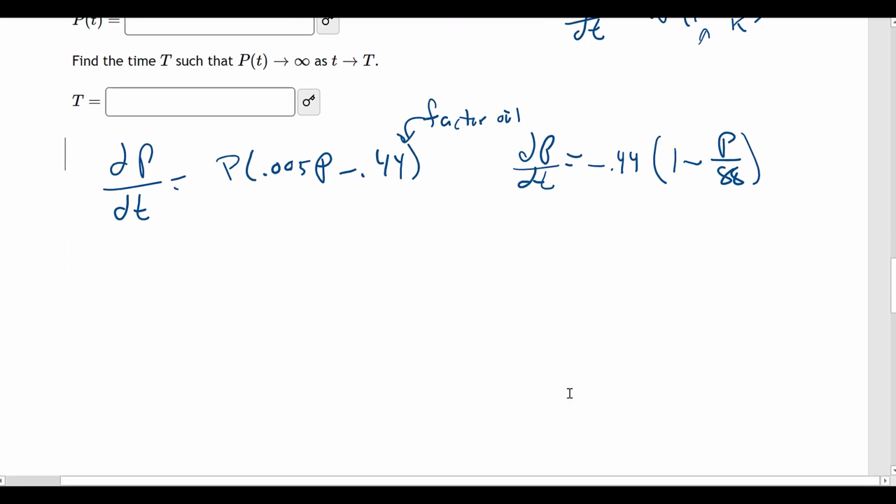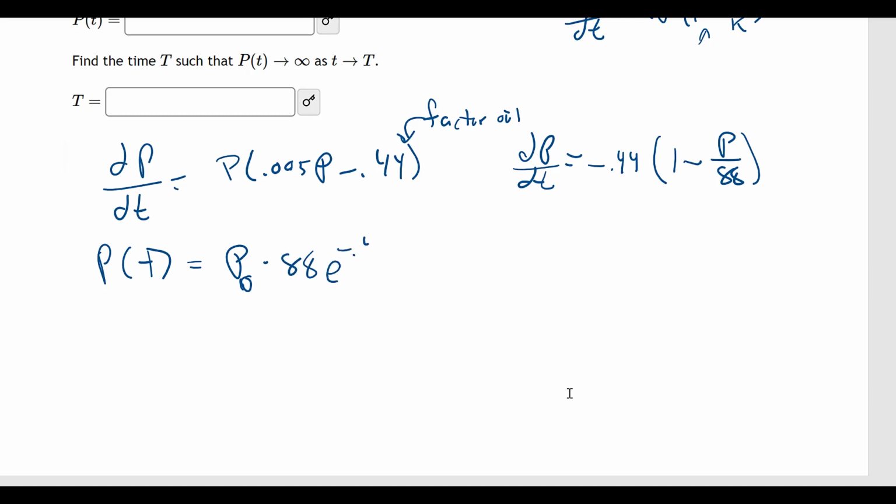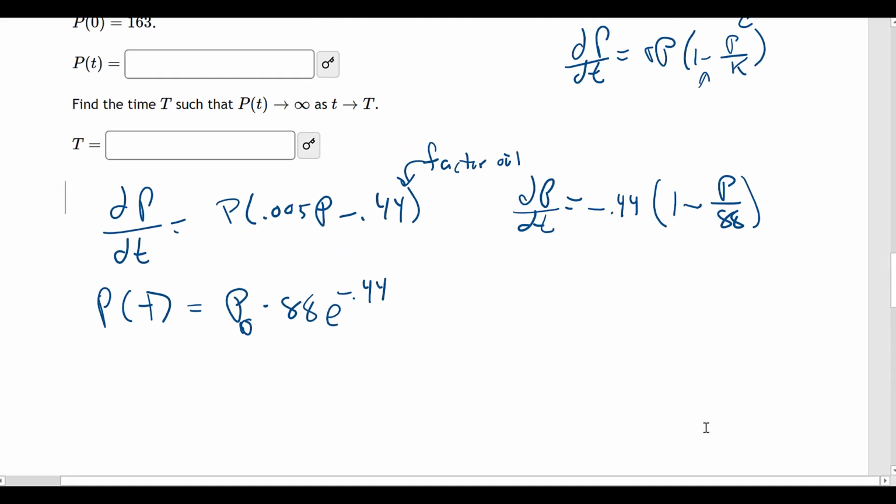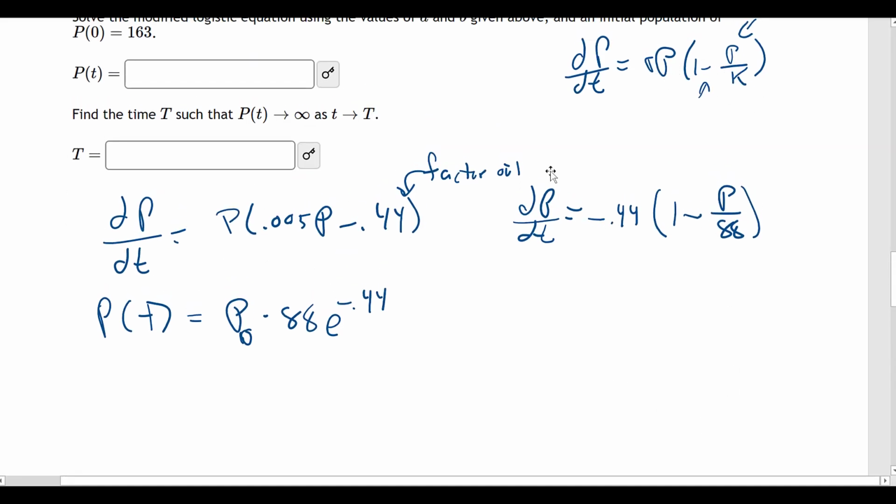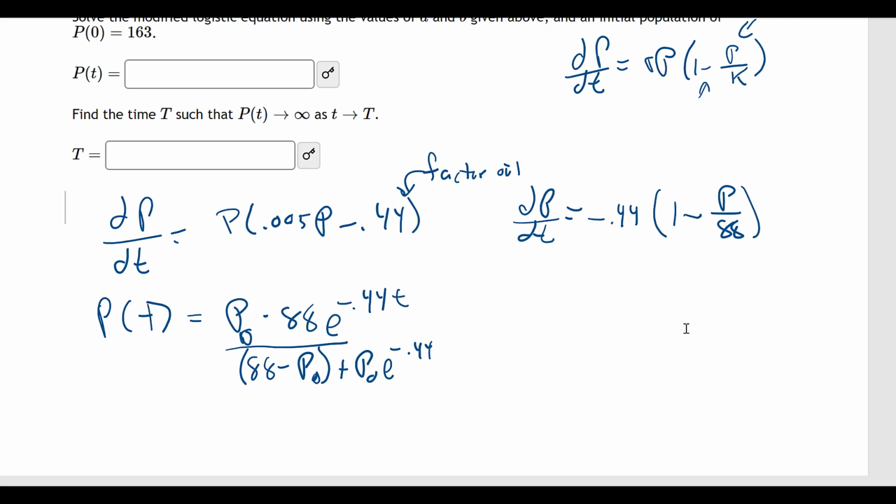And I'm not going to go through the whole derivation because they already derived the solution for us. So P(t) is the initial population, P0, times our 88, e to the negative 0.44, because that's our r. The k is the 88. Times t, over 88 minus P0, plus P0 e to the negative 0.44t.